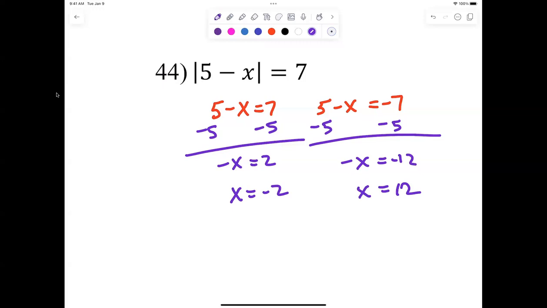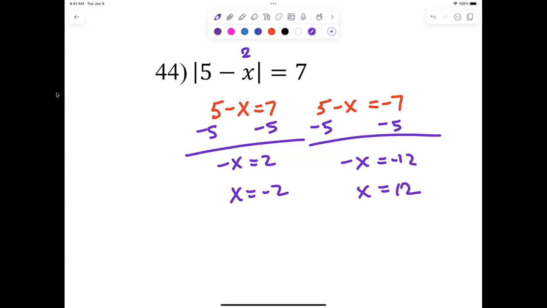What do you mean? Why do we change the sign? I don't know what you mean. 5 minus x. Did you write 5 minus x equals 7 and 5 minus x equals negative 7? Well, 2 is not going to work because 5 minus 2 is 3.